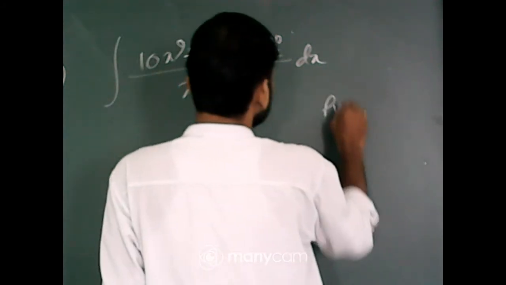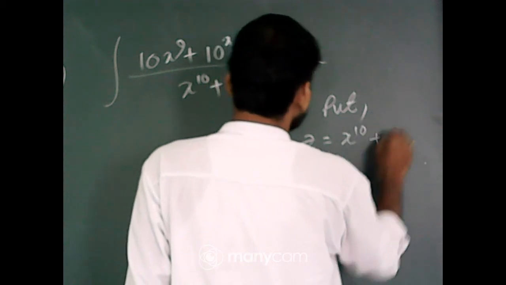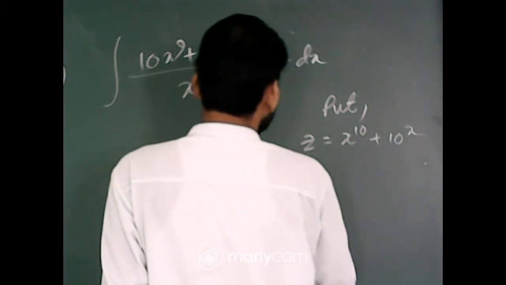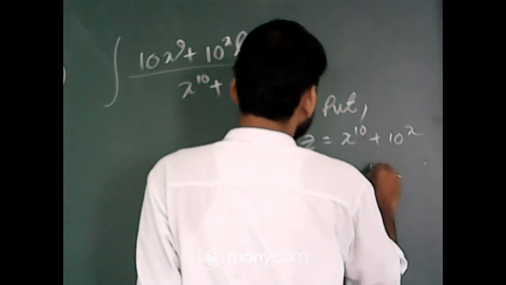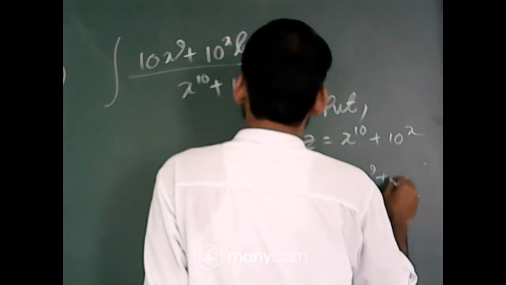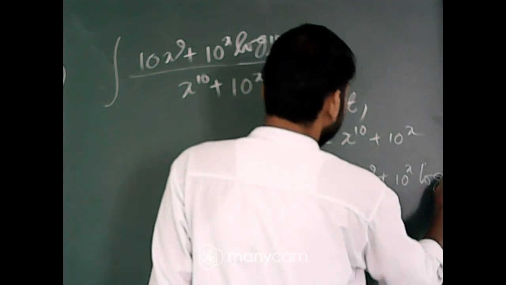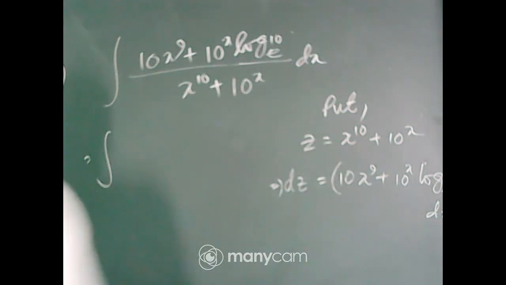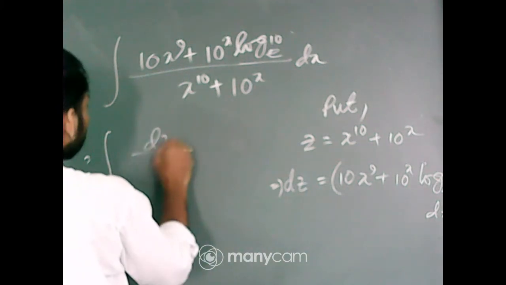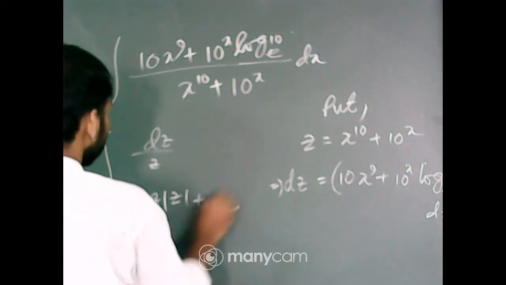Here we will put z equals to x to the power 10 plus 10 to the power x. That means after doing the differential, it will be dz equals to 10 x to the power 9 plus 10 to the power x log 10 base e dx. That means the integral will be converted into dz by z, that means log of mod z plus c.